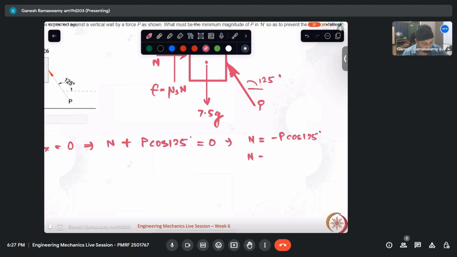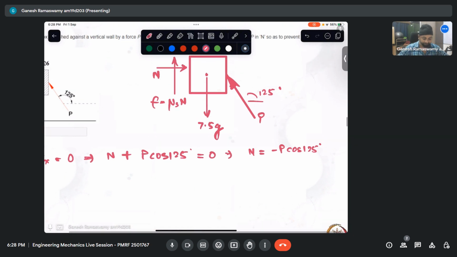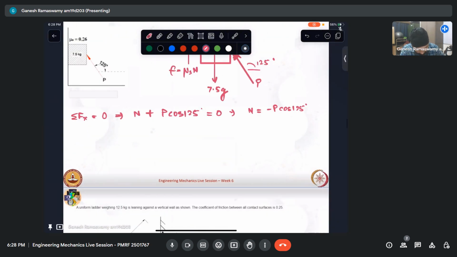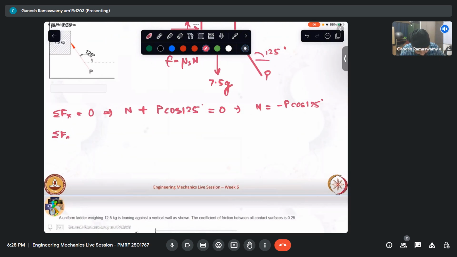Which is 0.573, or let me leave it at P cos 125 for now. Now I have sigma Fy equaling 0 because it is preventing it from falling, so there is no motion as such.